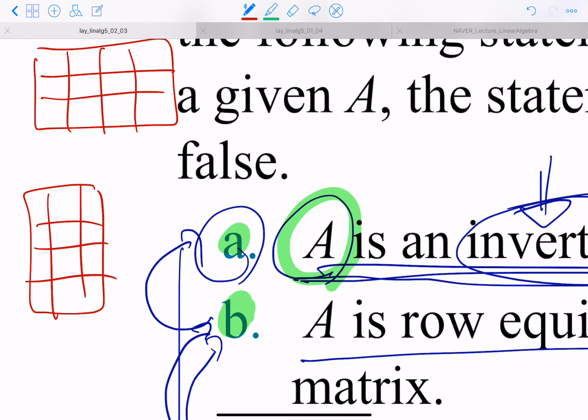For example, suppose this is our echelon form. In this case, we don't have a pivot in every column, and also we don't have a pivot in every row. So the columns are linearly dependent, and we cannot guarantee the solution for any b because we don't have a pivot in every row.